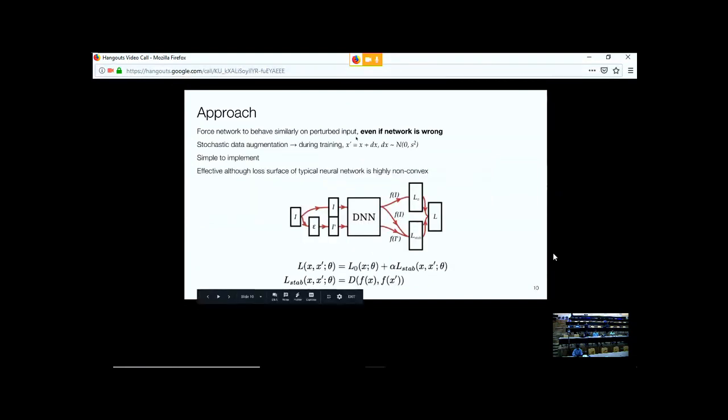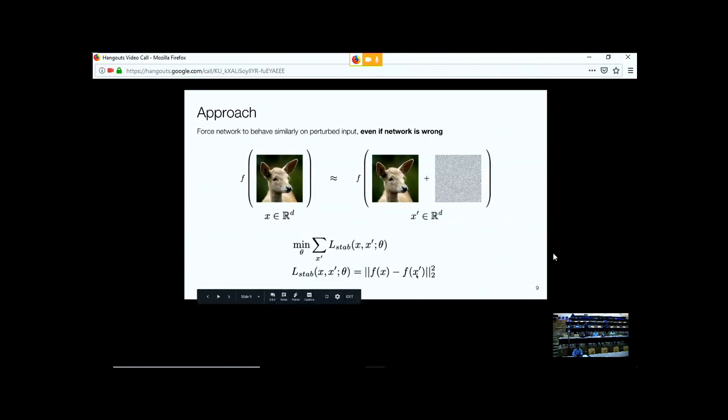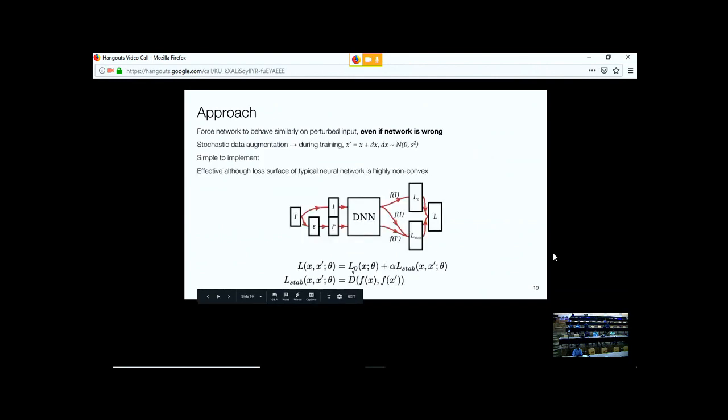The idea here is quite straightforward, but there are two subtle points. If we add this stability objective, we have the original classification loss, for instance, or image similarity matching loss, and then in stability training we add the stability loss to the total training loss. So when we train a neural network, we have the sum of these two losses.